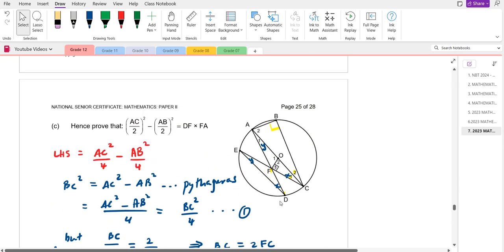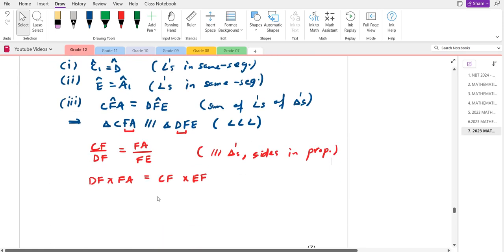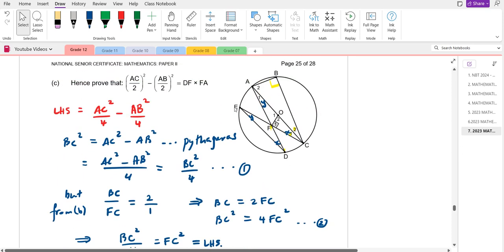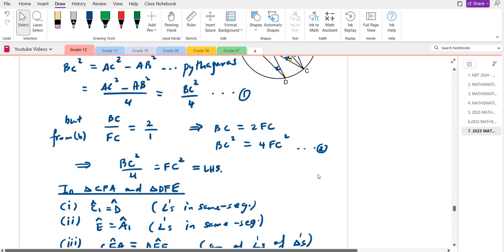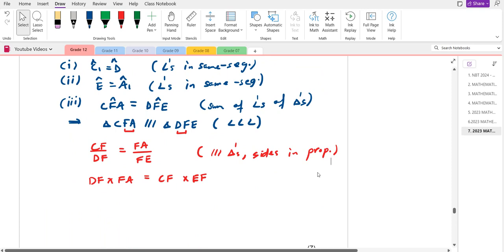Now what we can say is we have DF times FA, CF and EF. What's CF and EF? CF is equal to EF. Why? Because line from center perpendicular to chord. F is a midpoint. So CF is equal to EF.